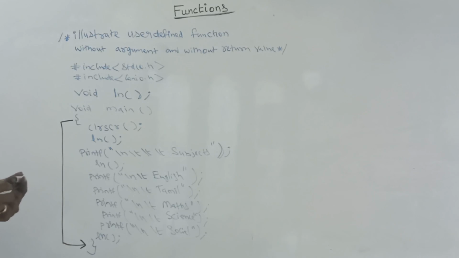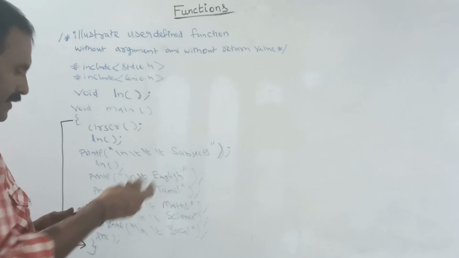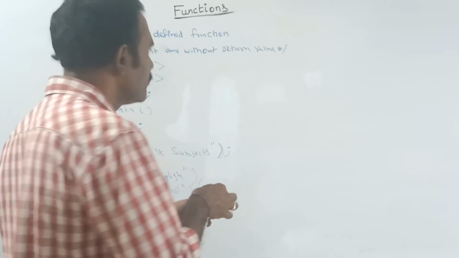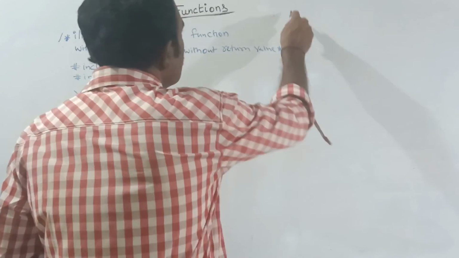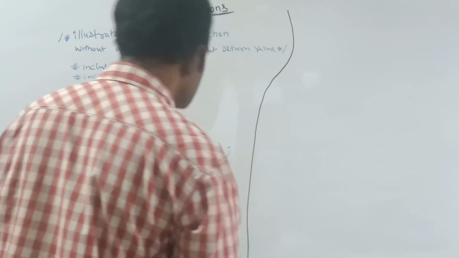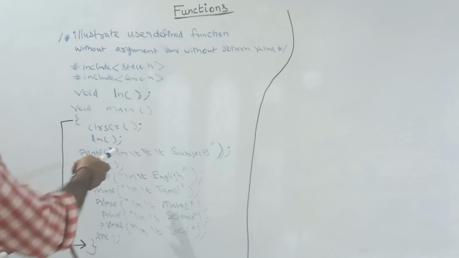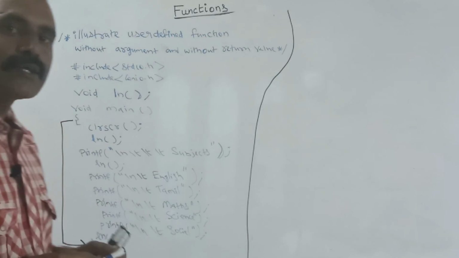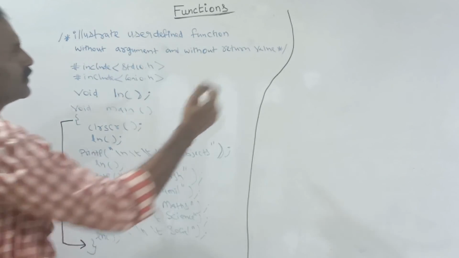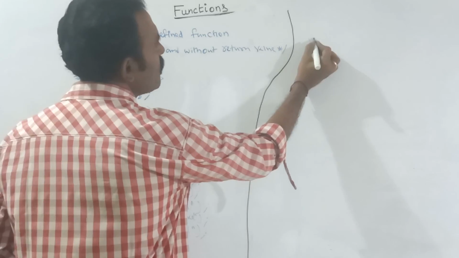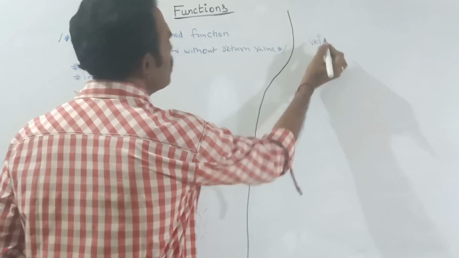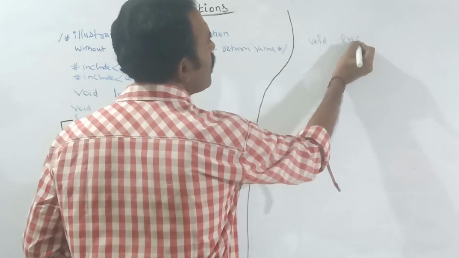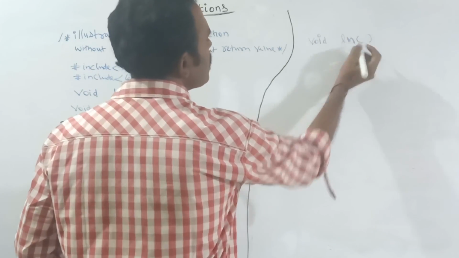Next, I am going to write the function for ln. This function will not have any return value or any argument, without argument and without return value. So here I write void, and the function name is ln.